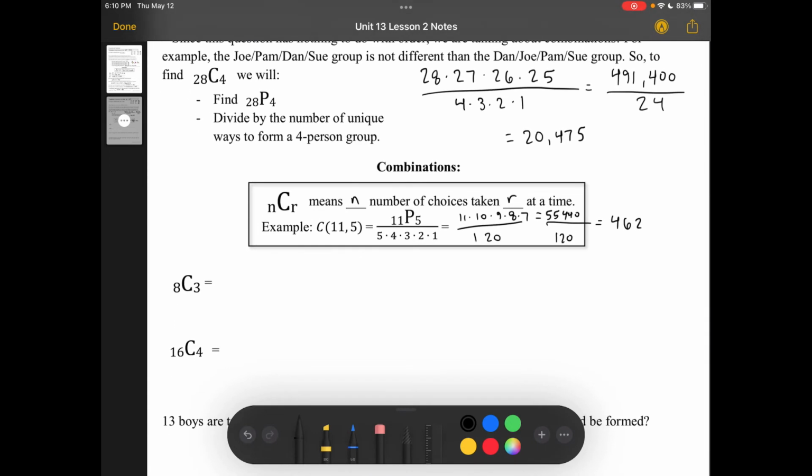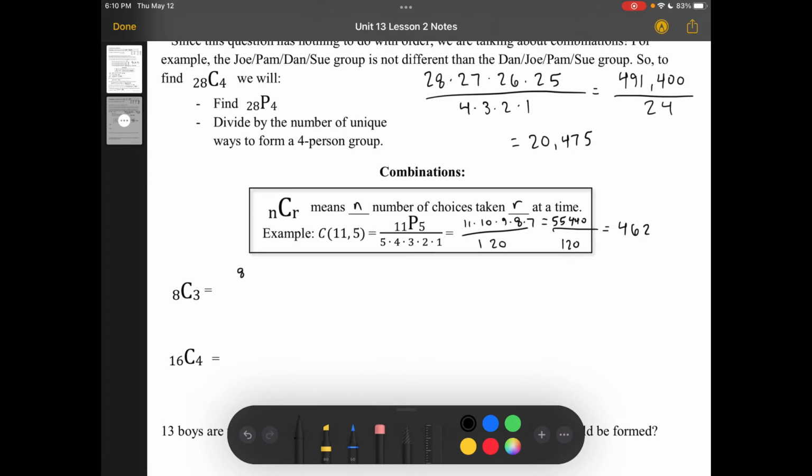So let's try this next one, 8 choose 3 as a combination. We're going to start off with our permutation of 8 times 7 times 6, and then we're going to divide by 3 times 2 times 1.